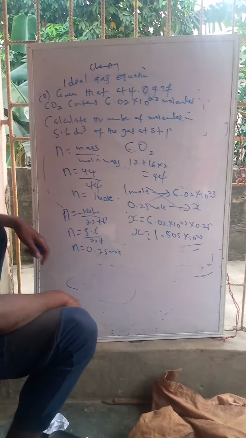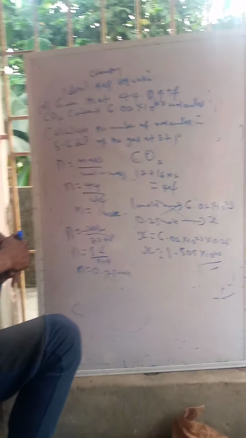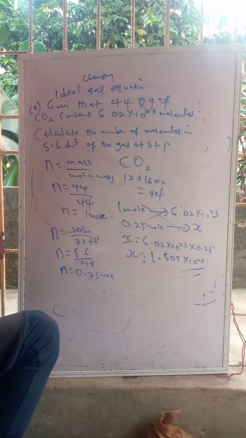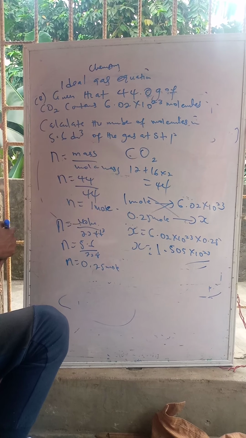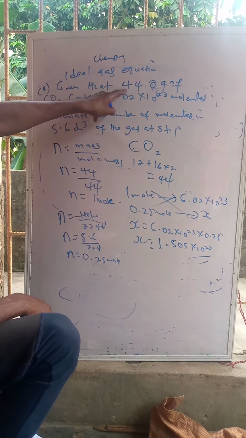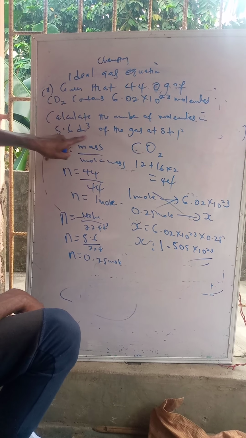So now, what I actually did here is this. They said calculate the number of molecules. Molecule is a particle, which can only be gotten with number of moles equals number of particles over Avogadro's constant. But here, there are 2 parameters. One, in respect to the mass, contains the number of particles, and of course, this other one contains a volume.